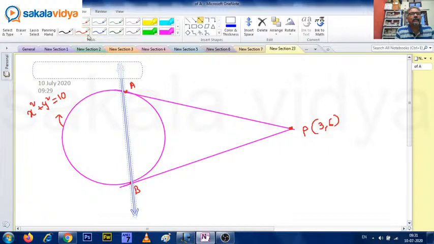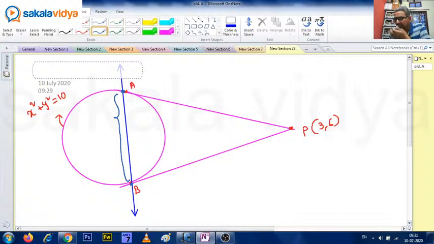This equation is the chord of contact. So now this length we need to find out.